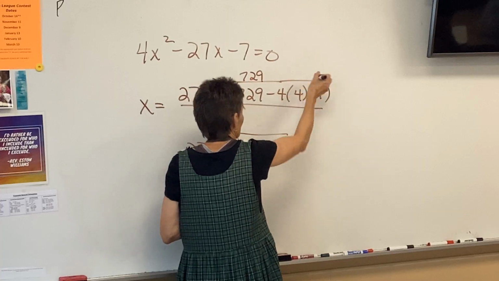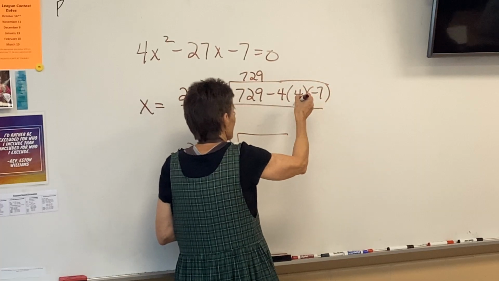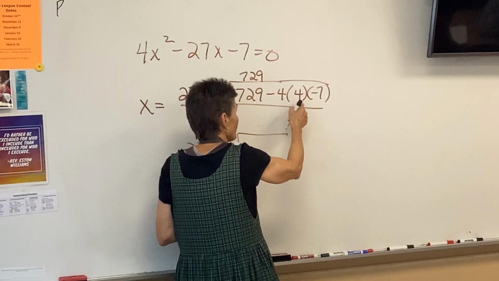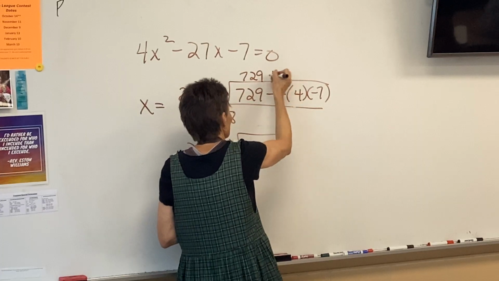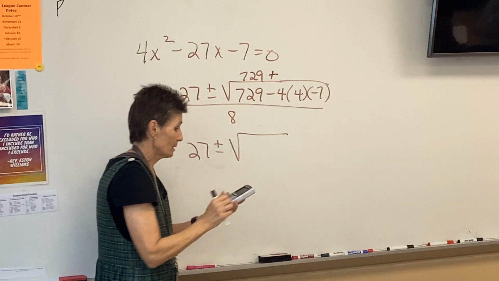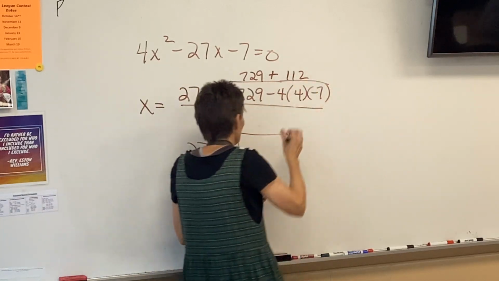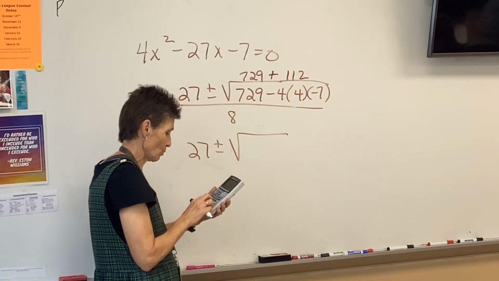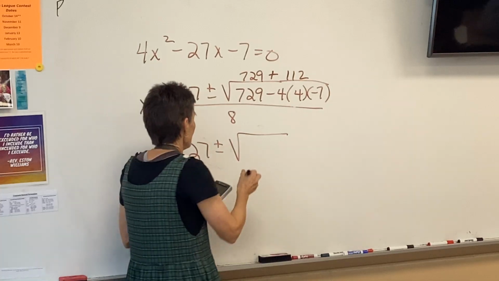And I'm gonna get this number, whatever it is here. Am I gonna be adding this number or subtracting it? Adding it because of the double negative. That's 112. Okay, so 729 and 112 makes 841.